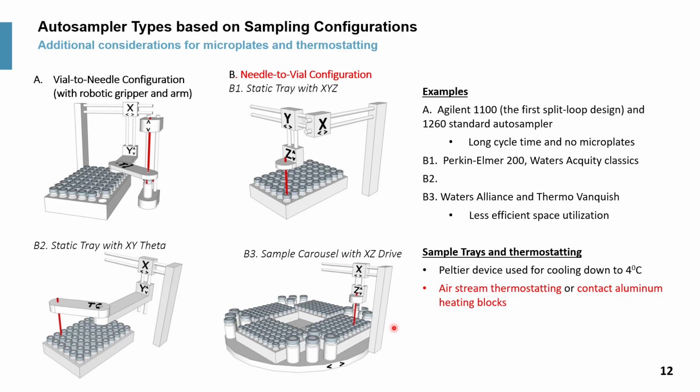You know, the carousel requires more space. Also, most of these sample compartments are thermostated using a Peltier device for cooling if you have to go below the ambient temperature. To thermostat it, you can use airstream, which is perhaps a little bit more popular, or you can use contact aluminum heating blocks for the thermostating portion.